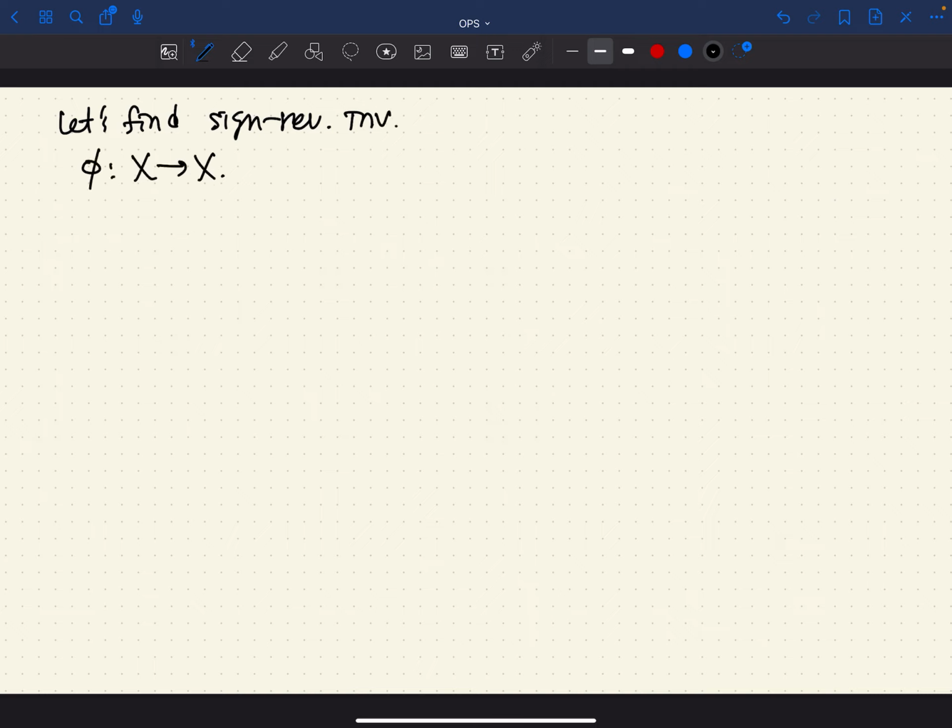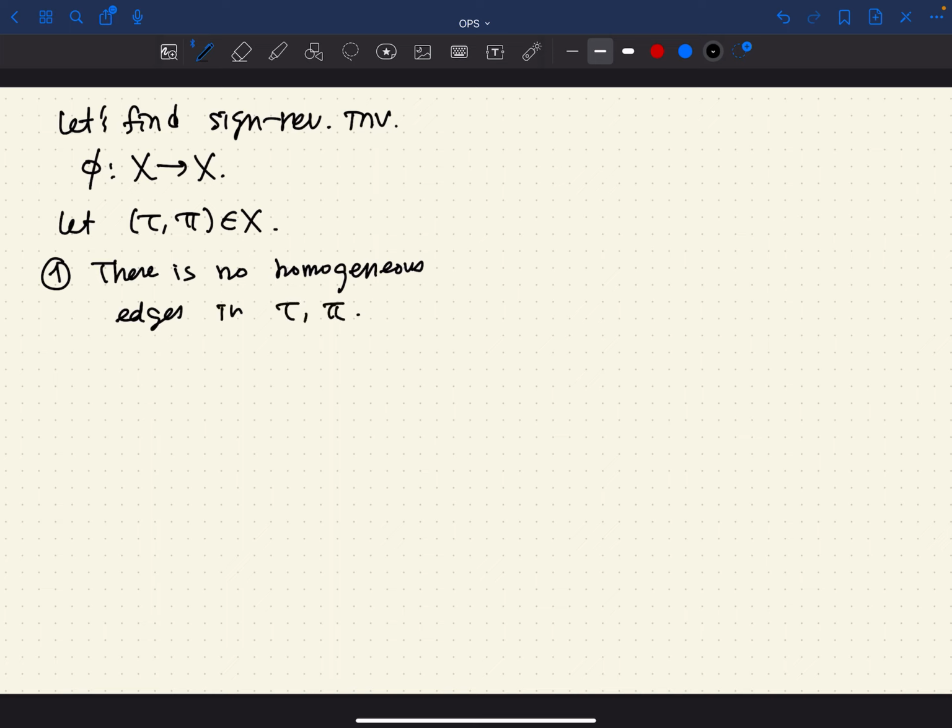So case 1: there are no homogeneous edges in both tau and pi. Then we define this to be a fixed point.